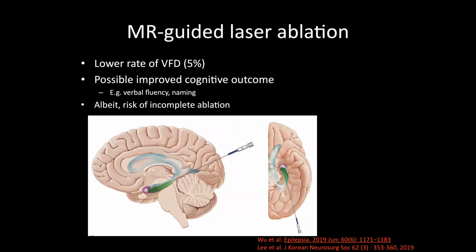Of course, many centers have MR-guided laser ablation, as does our institution. And so in patients with MTLE, with clearly shown hippocampal sclerosis, this will be our first line of treatment. And multiple reports have shown a very low rate of visual field deficits and, of course, neurocognitive benefits.